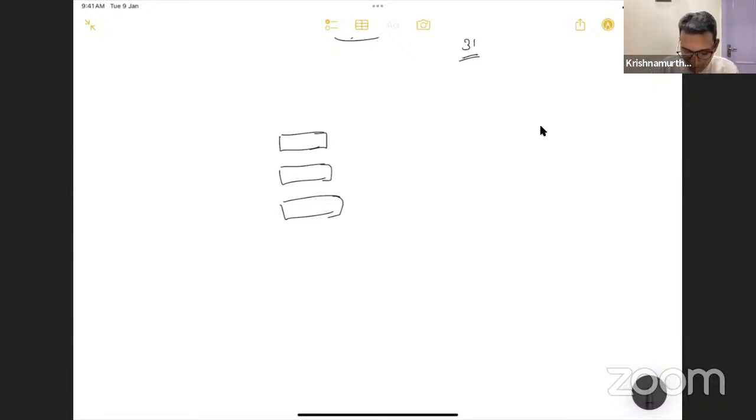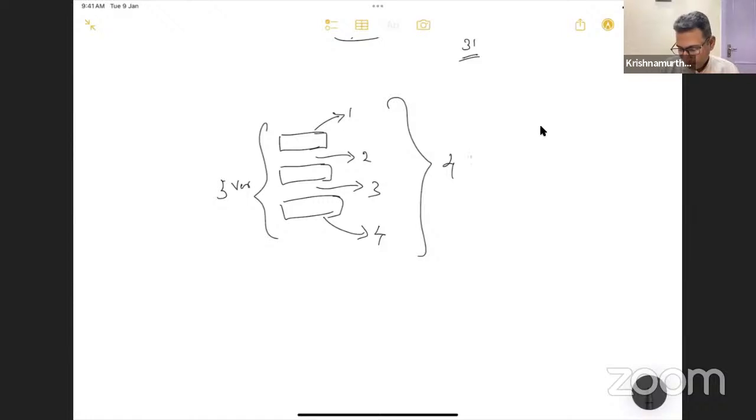So how many nerves can come? One here, 2 here, 3 here, 4 here. So even though there are 3 vertebrae, there are 4 pairs of nerves. Basically you have to add 1 onto the top.